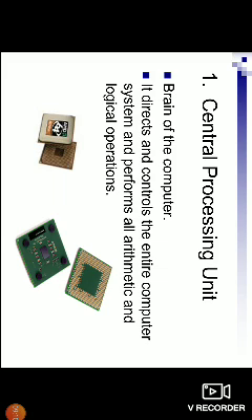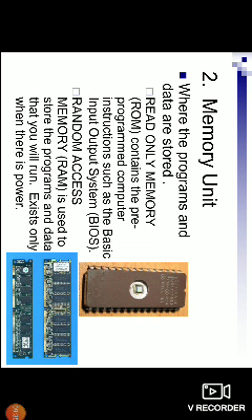After that, Intel dual core, i3, i5, i7, i9. These are the different types of processors. Processor means it is the brain of the computer. It directs and controls the entire computer system and performs all arithmetic and logical operations.